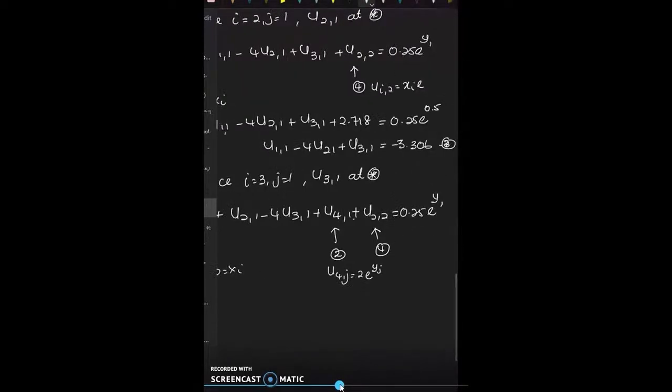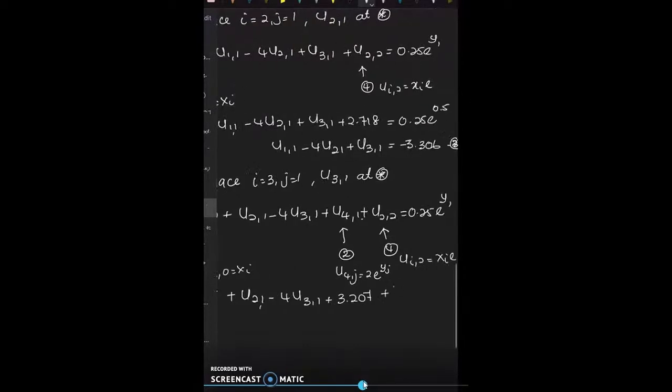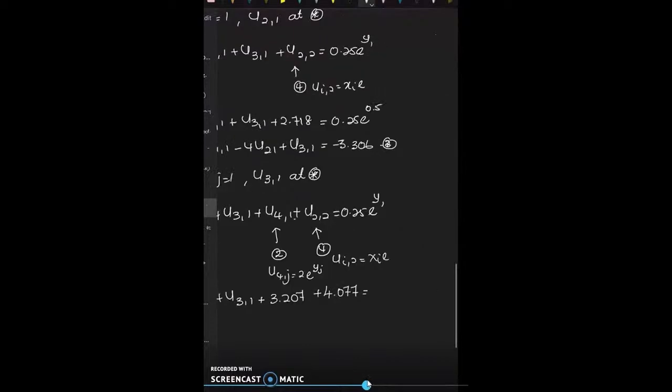So you insert the value at the boundary and the initial condition, the real number, and bring it to the right hand side. Now the left hand side is u21 minus 4 u31, equal to the formula on the right hand side.